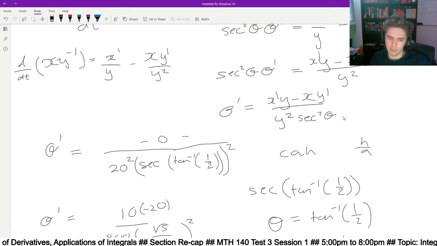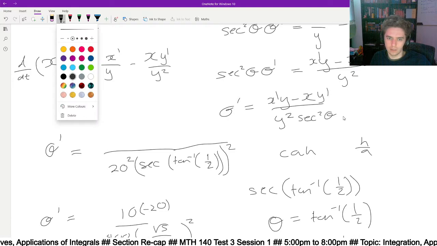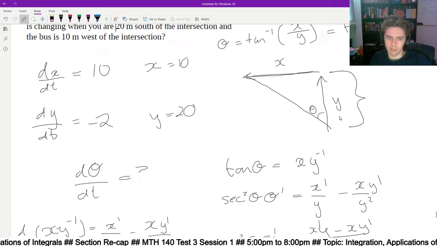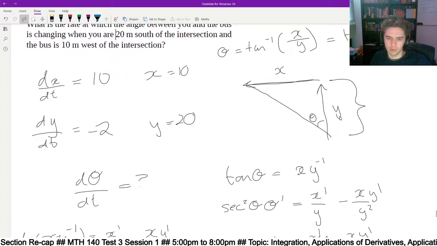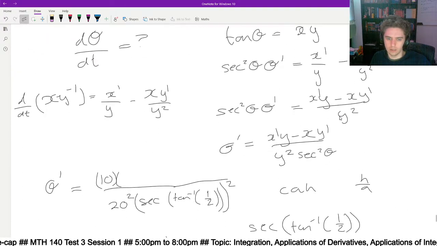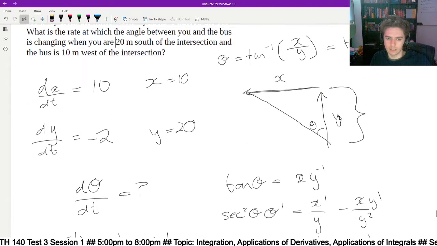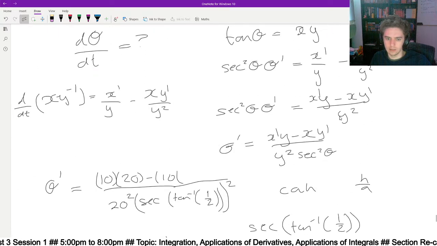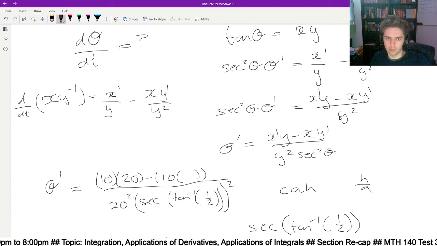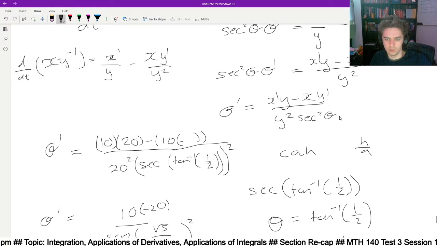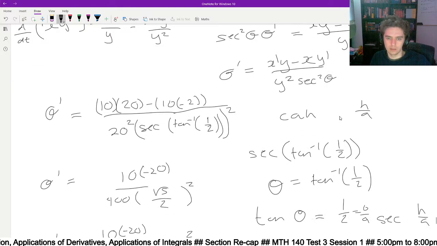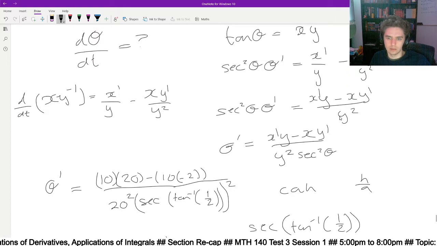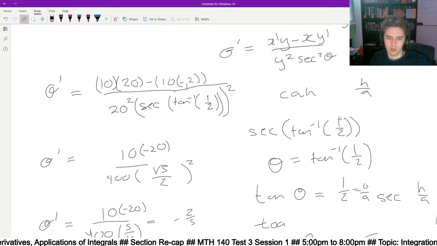So then on the top here, x prime was 10 times y was 20, minus x, which was 10, times y prime, which was negative 2. Over y squared, 20 squared, times secant squared. I did square it.